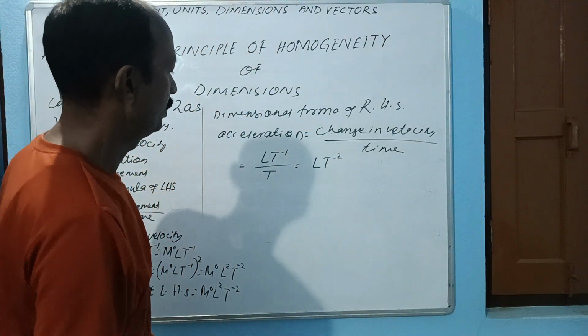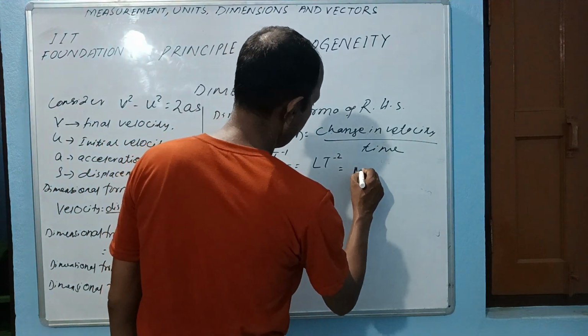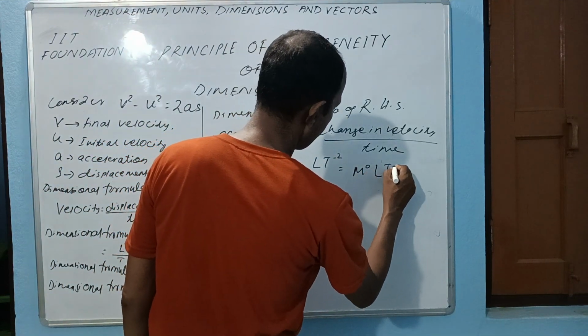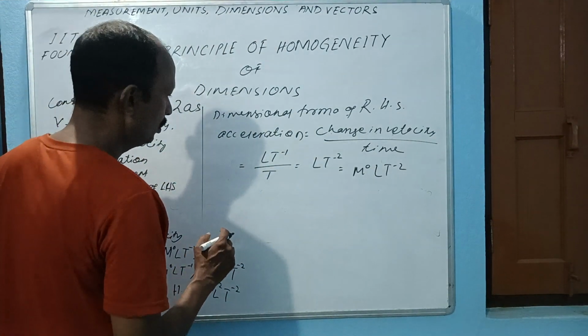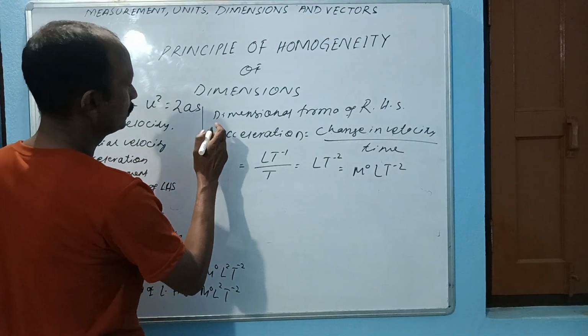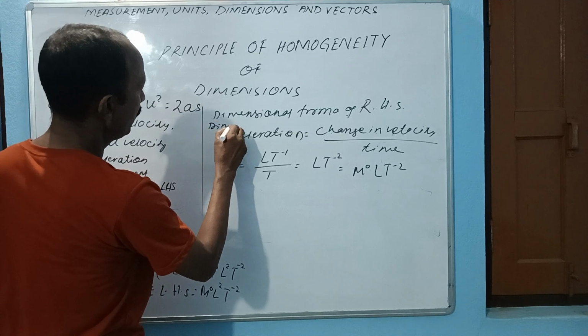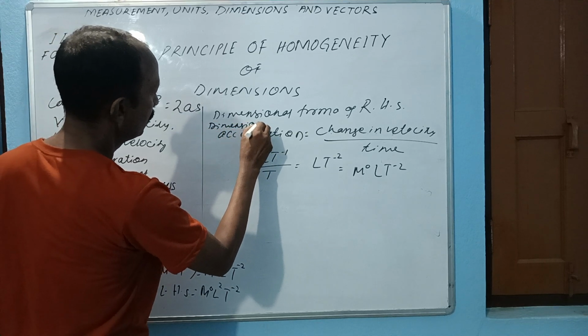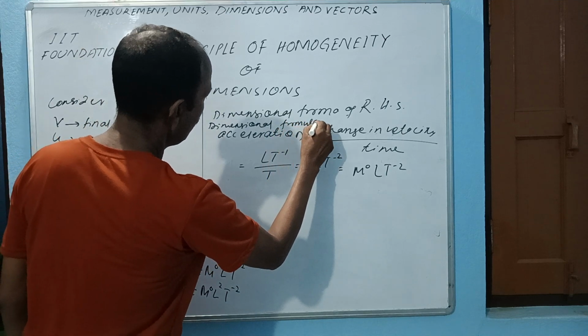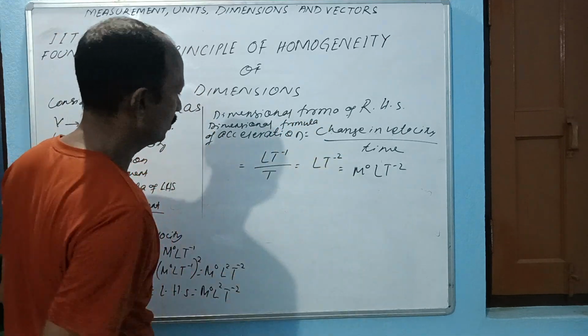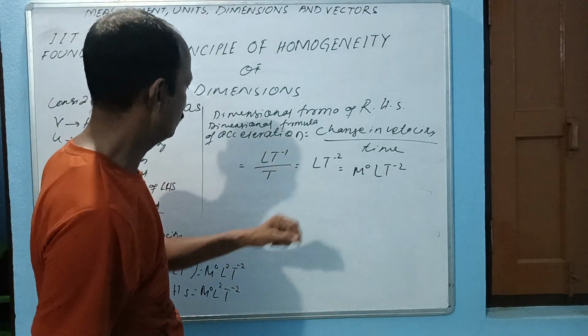Or I can write M to the power 0 L t to the power minus 2. This is acceleration. So the dimensional formula of acceleration, okay, we got this one.